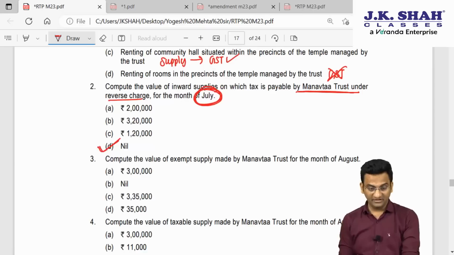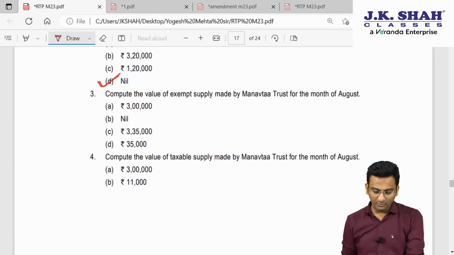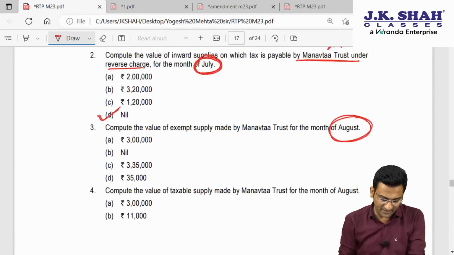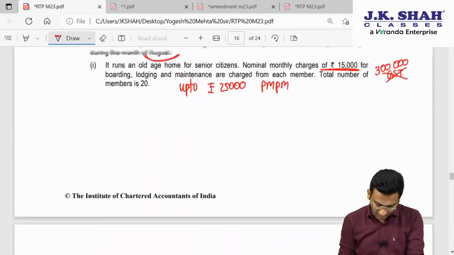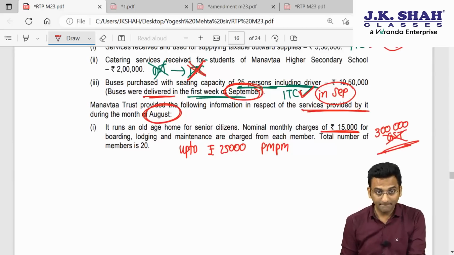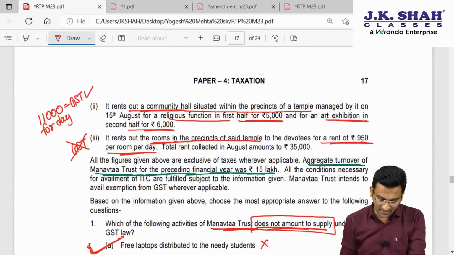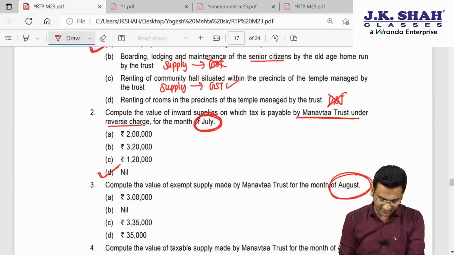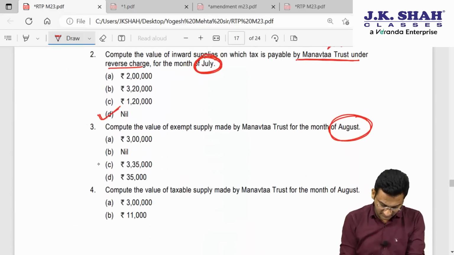Correct, friends? Then compute the value of exempt supply in the month of August. August was the last paragraph. Exempt supply: this 3 lakh rupees is exempted, and the second is taxable. Third, 3 lakh and 35,000. So 3 lakh 35,000, C is the right answer.